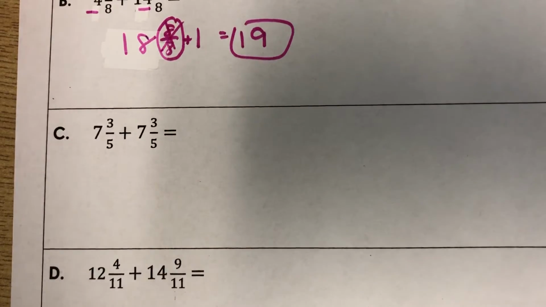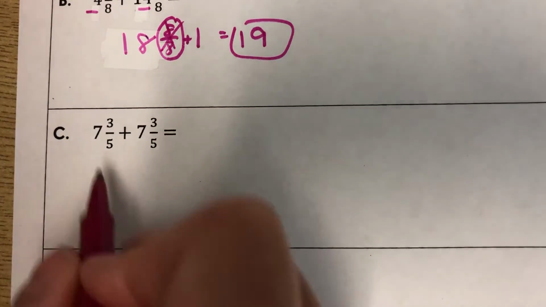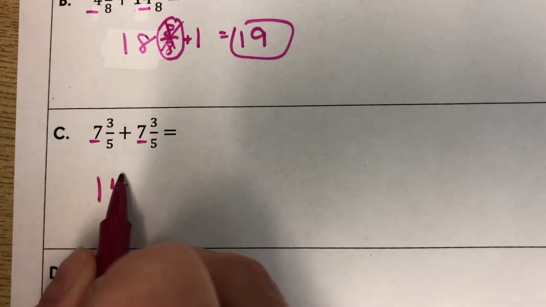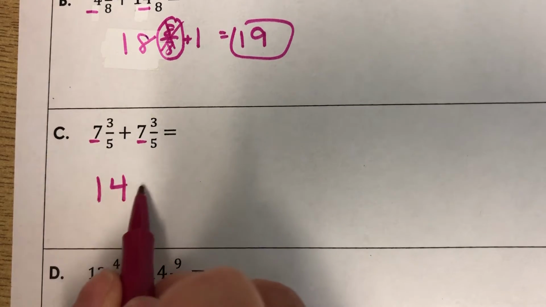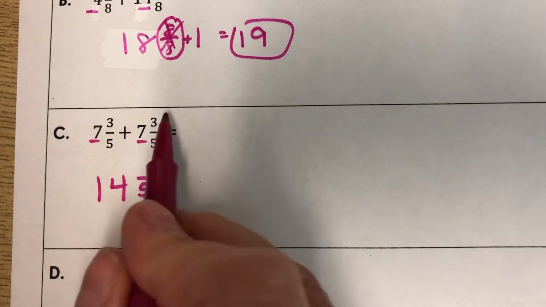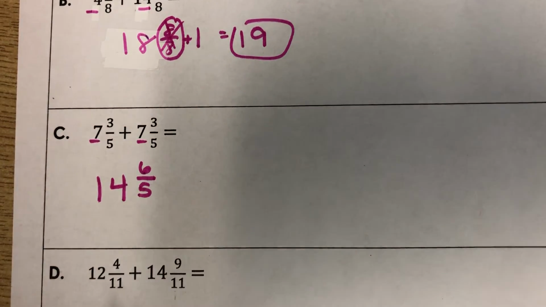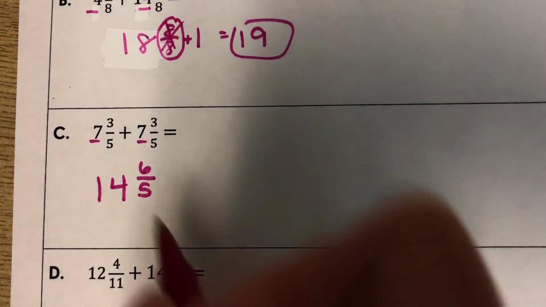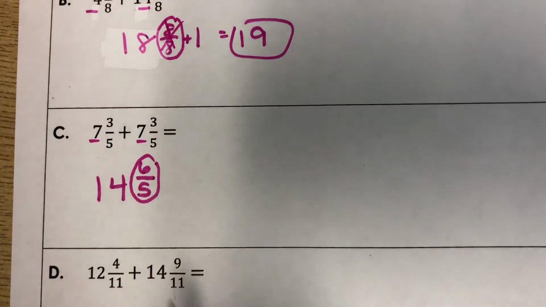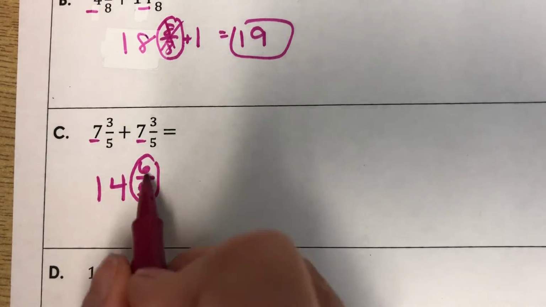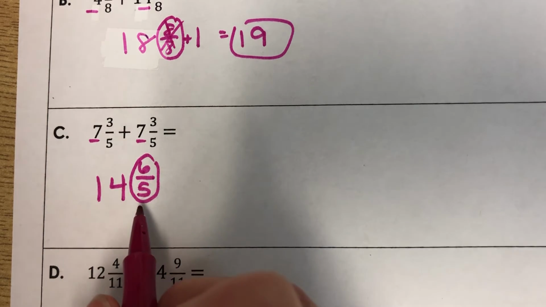For letter C, 7 3/5 plus 7 3/5. Well, 7 plus 7 is 14. And common denominator means I can just bring it over, and 3 plus 3 is 6. This is equivalent to the correct answer, but it's not actually the correct answer. 6/5 is improper. So instead of 14 and 6/5, we're going to change 6/5 into a mixed number.